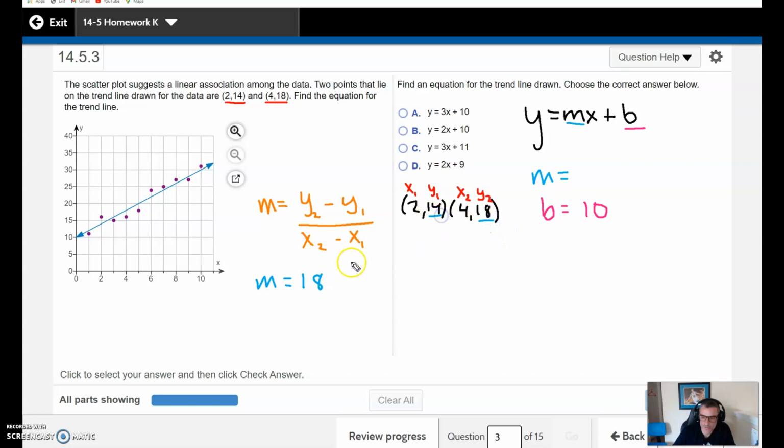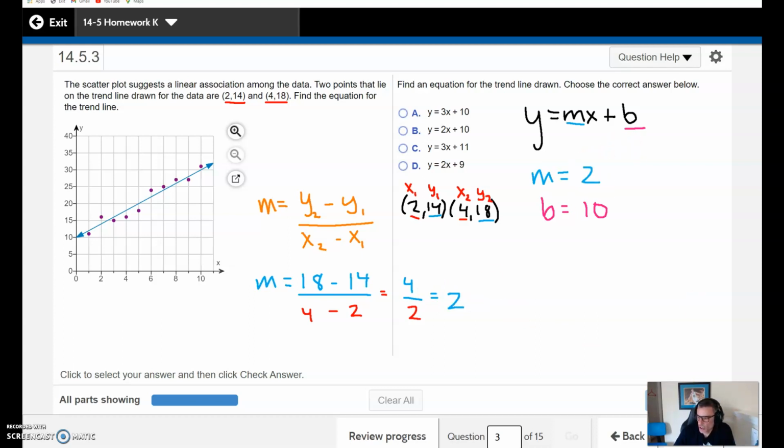Y sub 1 is 14. So I have 18 minus 14 on top. That's my rise. On the bottom, x sub 2 is 4. X sub 1 is 2. And then we simplify. 18 minus 14 is 4. 4 minus 2 is 2. Right? These are both evenly divisible by 2. Another way to think about it is this just means 4 divided by 2, right? So my slope is 2.